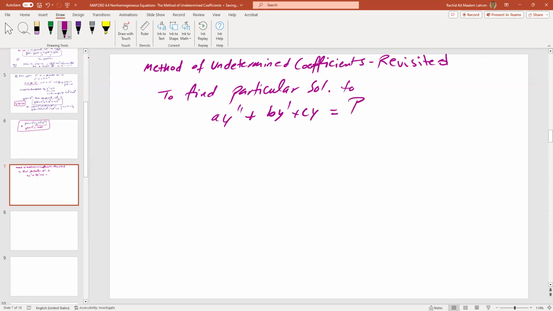And let's say we do a case where you have a polynomial with some degree m, and we have e^(rt). This is a polynomial of degree m.